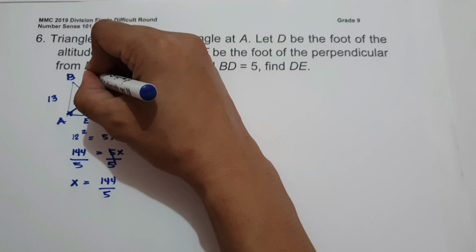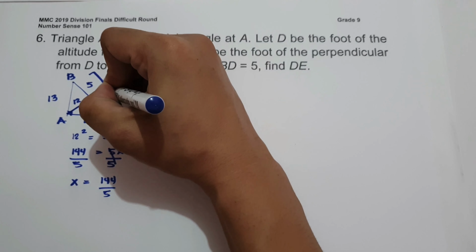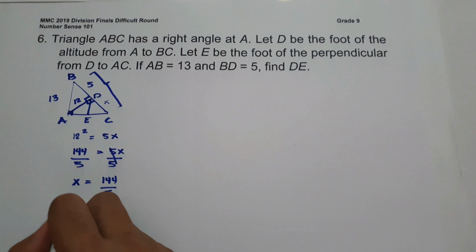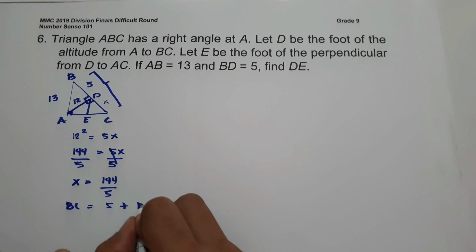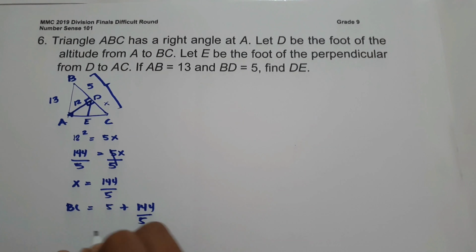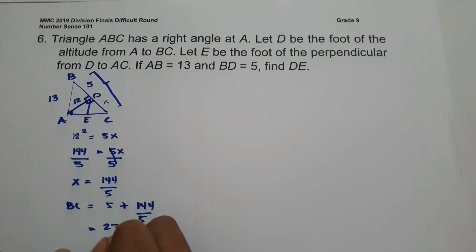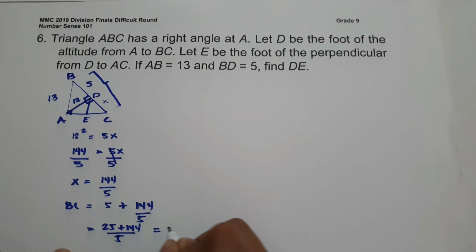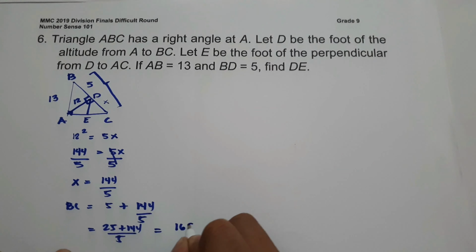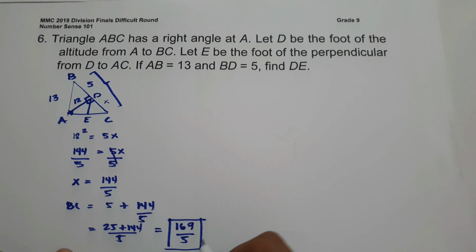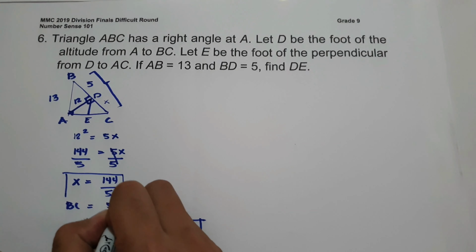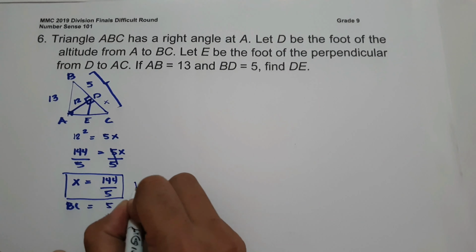Now, if you are going to find the measure of BC, BC is 5 plus 144 over 5. So this is 25 plus 144 over 5. So BC is 169 over 5. So this is the measure of BC. And this is the measure of DC.